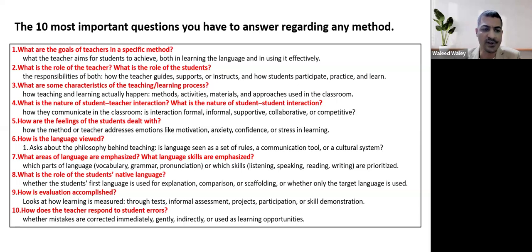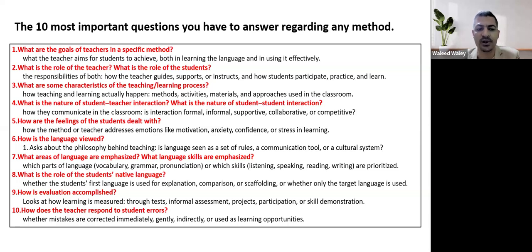So when you see this question, you have to think about the teacher's aims and objectives. And number two, what is the role of the teacher and what is the role of the student? It means the responsibilities of both, how the teacher guides, supports, or instructs, and how students participate, practice, and learn. Pay attention to these points because we're going to use the same scenario to answer these questions.